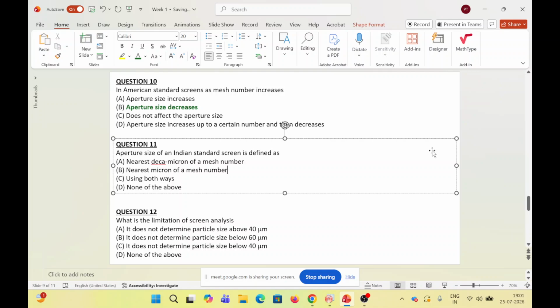Yes, sir. Aperture size of an Indian standard screen is defined as, if you remember, in case of Indian standards, the definition is different. In case of the American standards, the definition is going to be different.